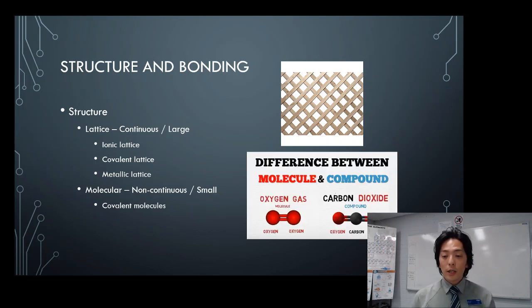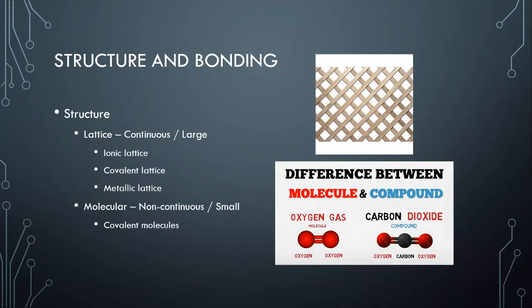I just wanted to make sure that you know the difference between molecule and compound. Now, molecule can be things like oxygen molecule, diatomic molecule, or carbon dioxide. The carbon dioxide is a molecule, but the oxygen gas is not a compound.